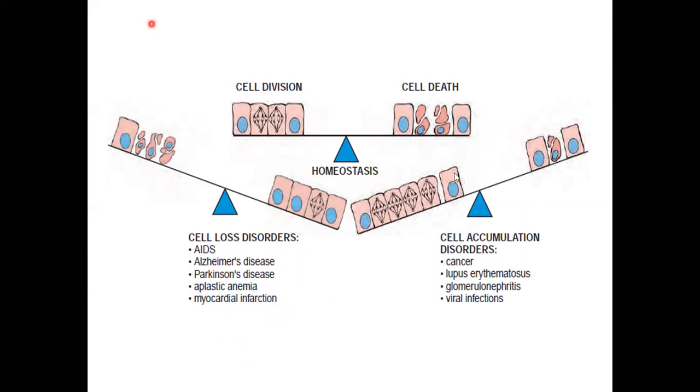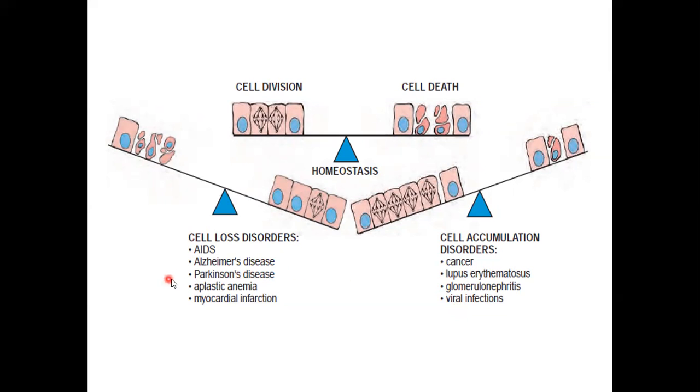And then we also have cell accumulation disorders. More cells are being produced or proliferating than cells undergoing programmed cell death, or apoptosis. Example, in patients with cancer, with autoimmune diseases like lupus erythematosus, glomerulonephritis, or viral infection.